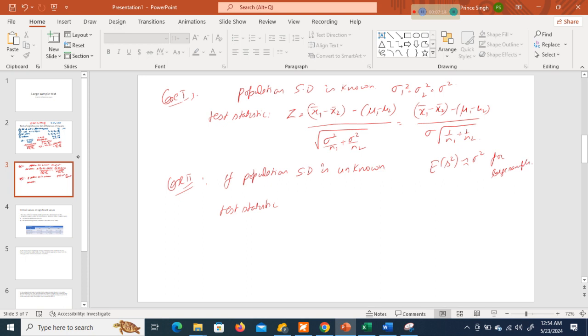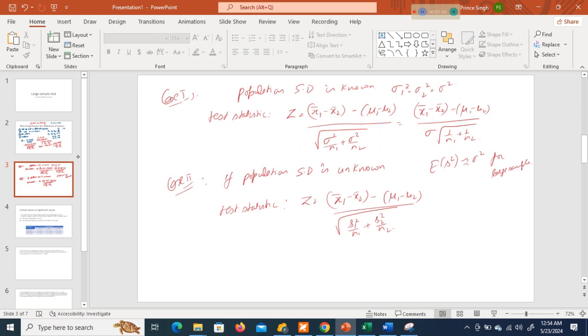So we replace the population standard deviation with the sample standard deviation: x1 bar minus x2 bar minus (mu1 minus mu2) upon square root of s1 square upon n1 plus s2 square upon n2. This is the formula for the test statistic.